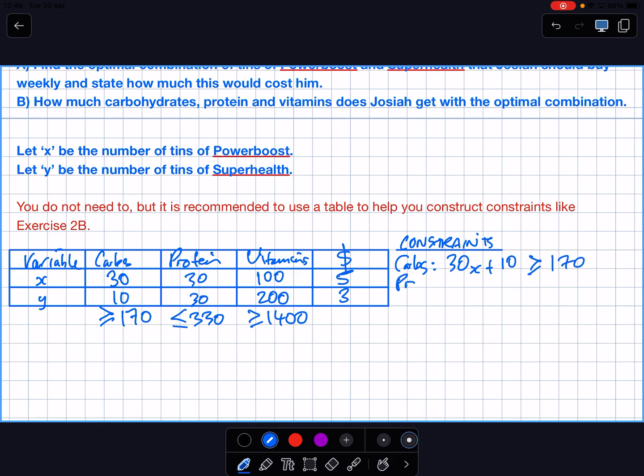What is the protein constraint? 30x plus 30y is less than or equal to 330. And vitamins? 100x plus 200y is greater than or equal to 1,400. Good.